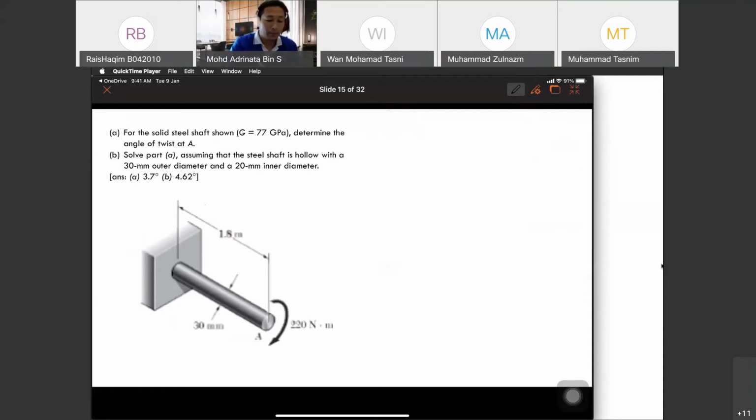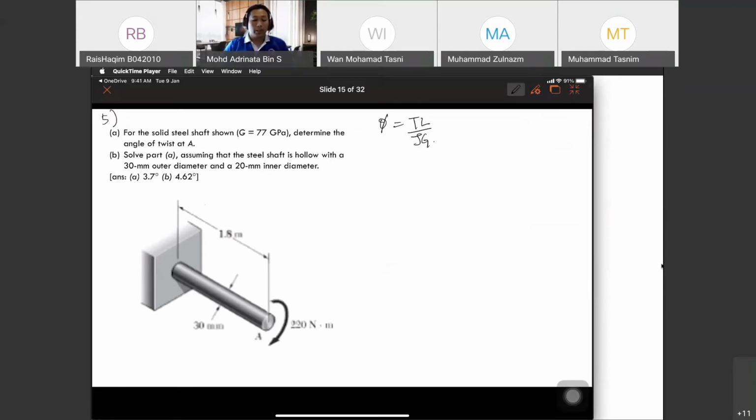Question number 5. For the solid steel shaft shown, G is equal to 77 gigapascal. So from G, okay, equation that have G is the angle, okay, equals to TL over JG.